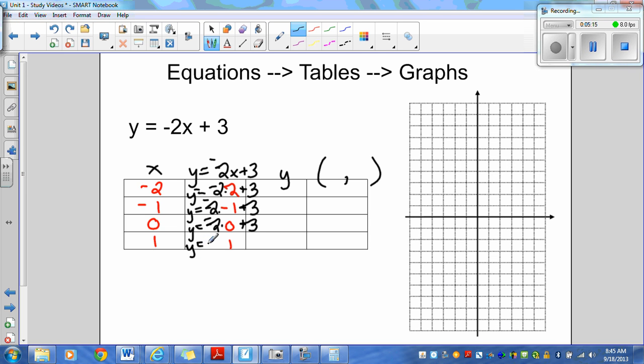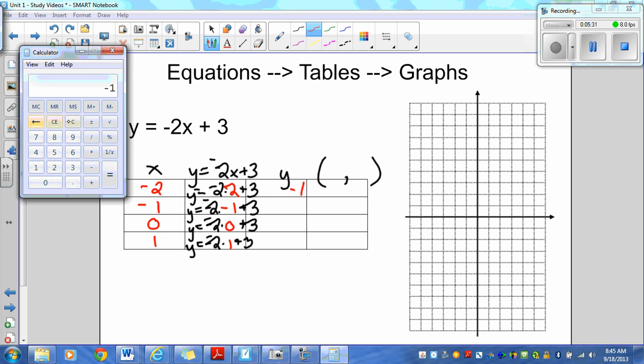All right, so we have negative 2 times 2, which is negative 4, plus 3 gives you negative 1. And I'll show you how to check that again. I have negative 2 times 2 plus 3, so I end up with negative 1.